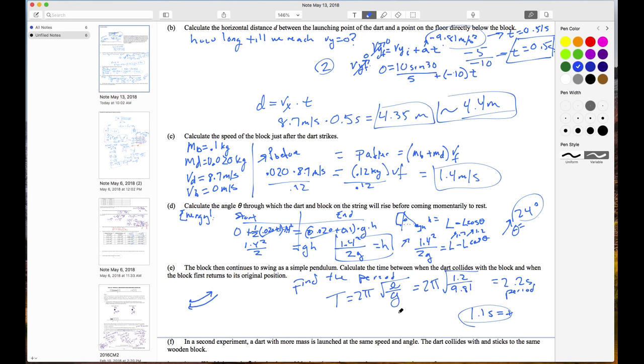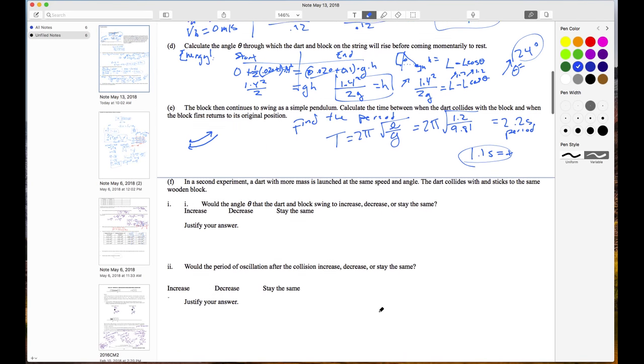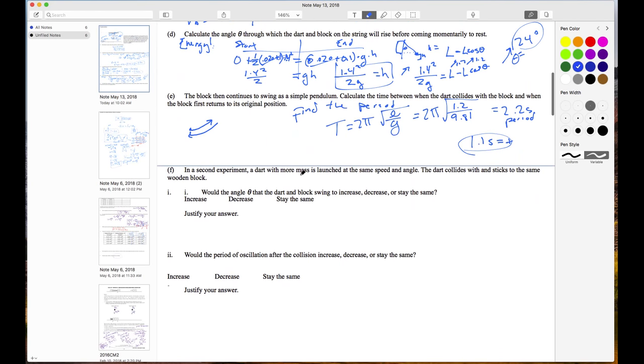So, finally, we have to consider some conceptual questions. In a second experiment, a dart with more mass is launched at the same speed and angle. The dart collides with and sticks to the same wooden block. Would the angle increase, decrease, or stay the same? Well, we have more mass, and so therefore we can transfer more momentum, and therefore we have more velocity at the end.